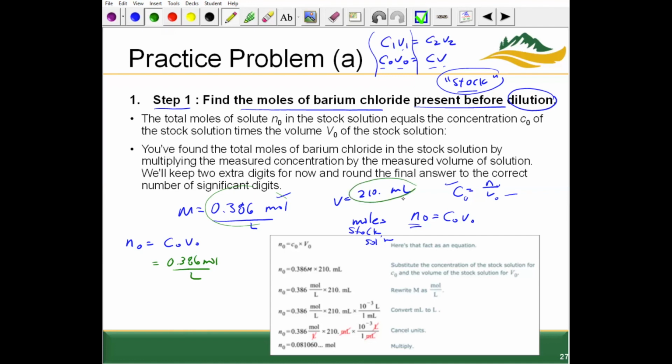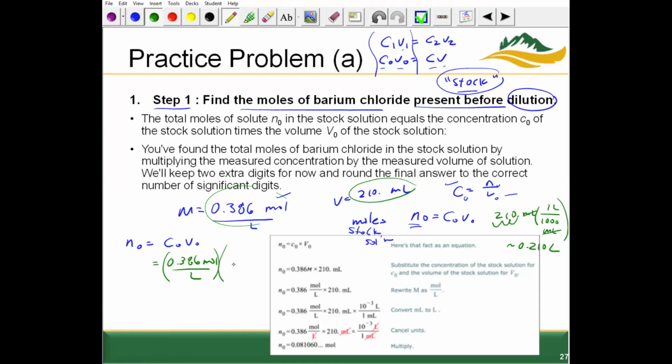This volume is currently in milliliters, so let's first convert it by taking 210 milliliters. There are 1,000 milliliters in 1 liter. Milliliters cancels out, and we have 210 divided by 1,000, which comes out to 0.210 liters.